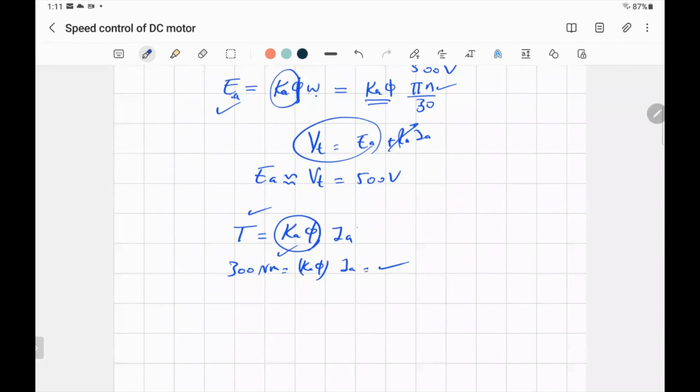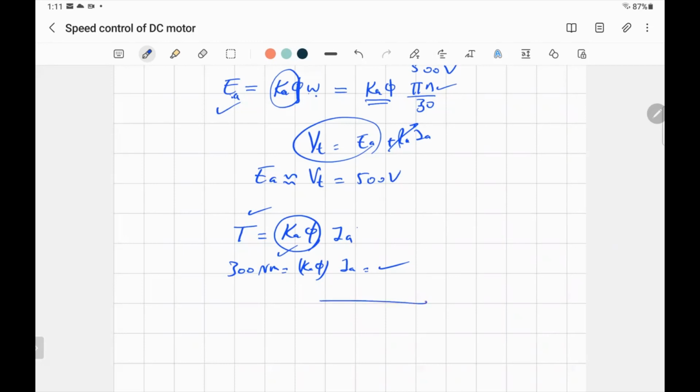When you do calculations as an engineer, sometimes you make approximations, especially with big machines. Usually if RA is not mentioned in the problem, it means it's very small and can be neglected. So you make EA equal to VT, and this way you get the constant that you can use to find the armature current.